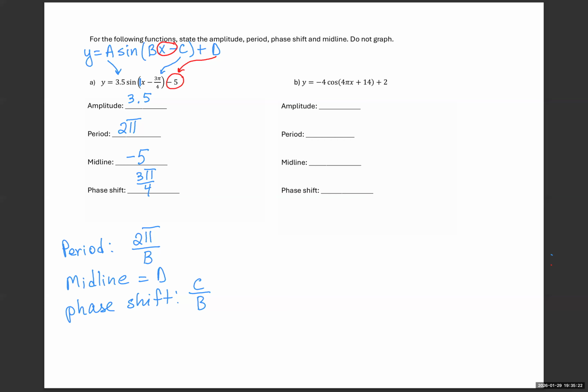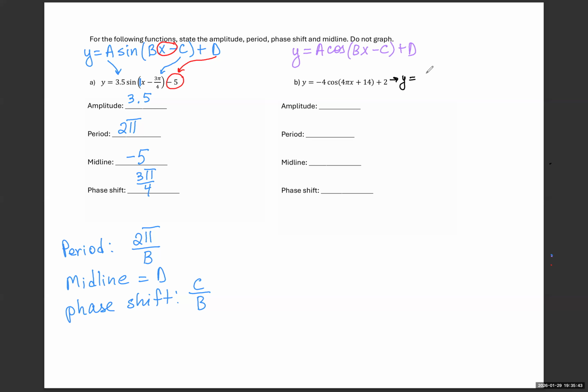Let me switch color a little bit. So this is y equals a cosine of b times x minus c plus d. Now, in order to look at this function effectively, it helps sometimes to rewrite it.